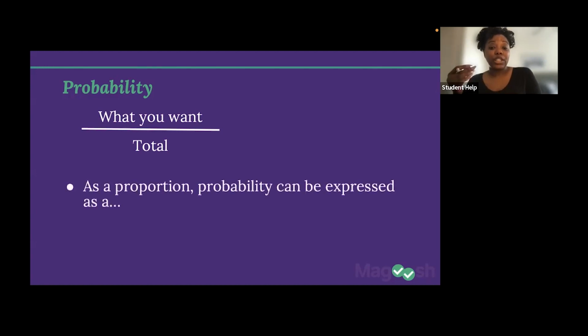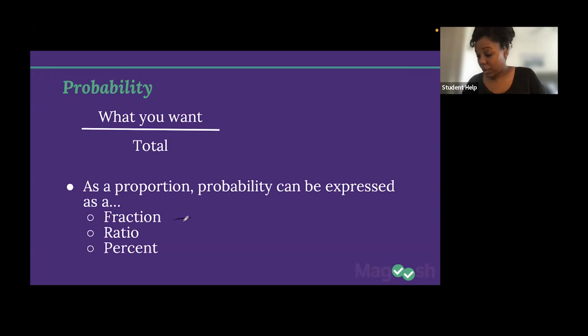As a proportion, probability can be expressed in 3 different ways: fraction, ratio, and percent. Of course, a fraction would be like 1/2. A ratio would be like 1:2. And then percent, of course, would be like 50%. Okay, so those are 3 different ways you might see probability expressed.